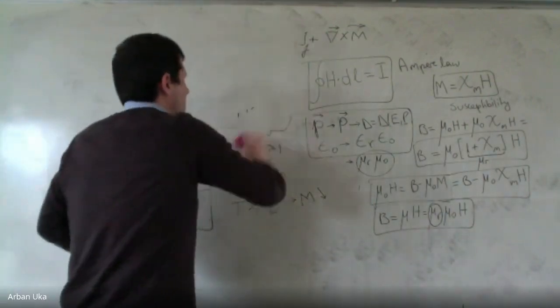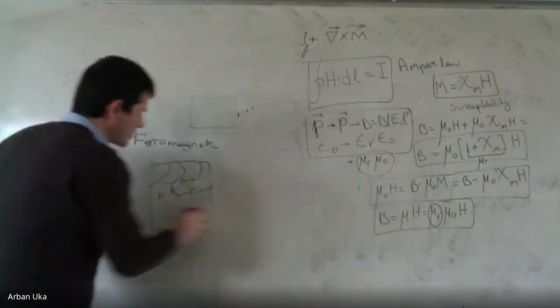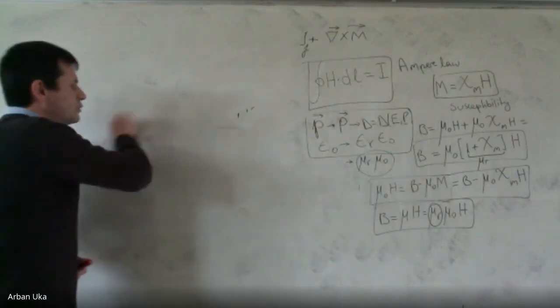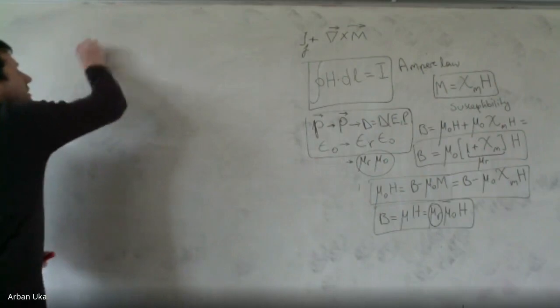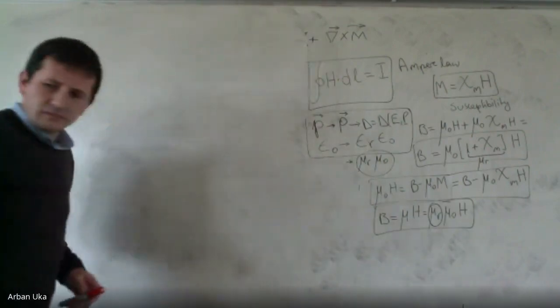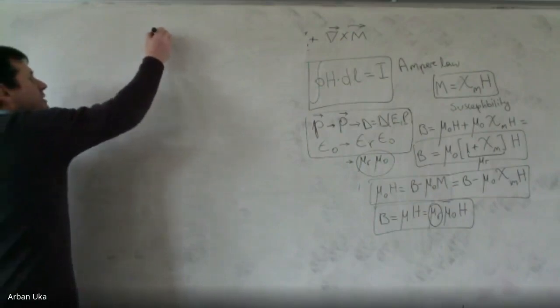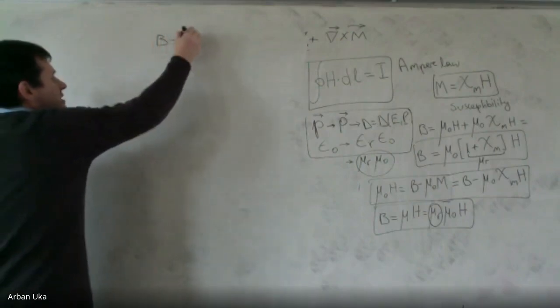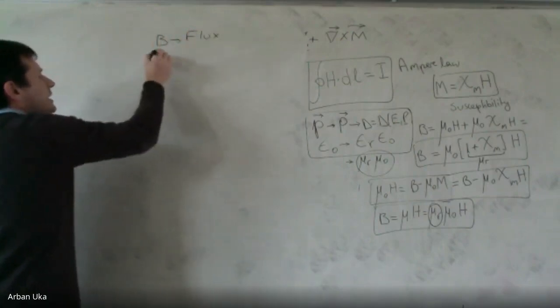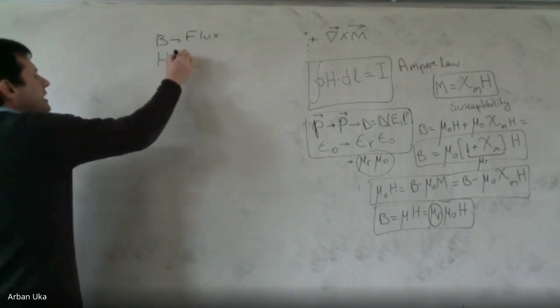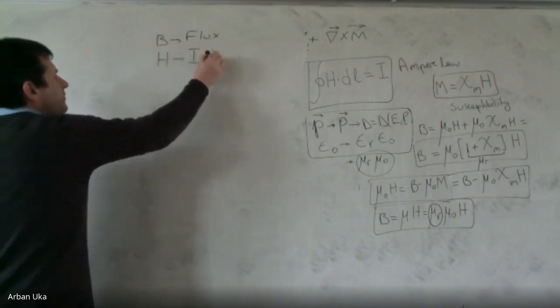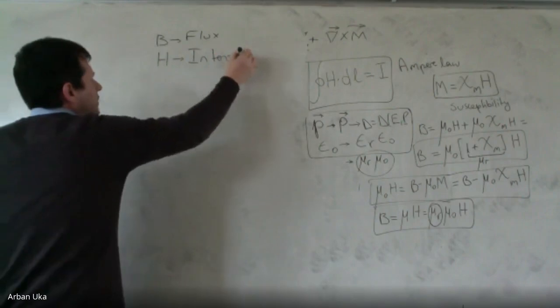So let's try also to construct the material in a logical way, which is the following. We learn about B, which is a flux, okay? And now we define H, which is intensity, okay?